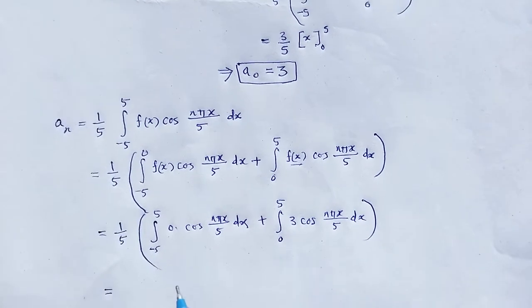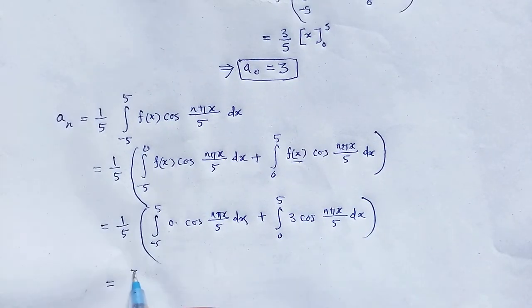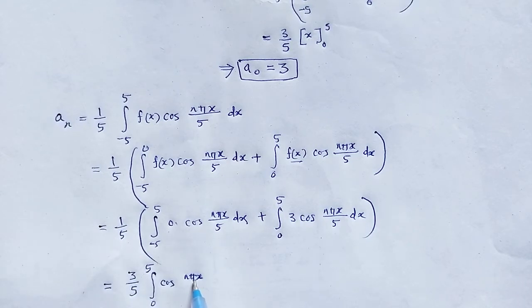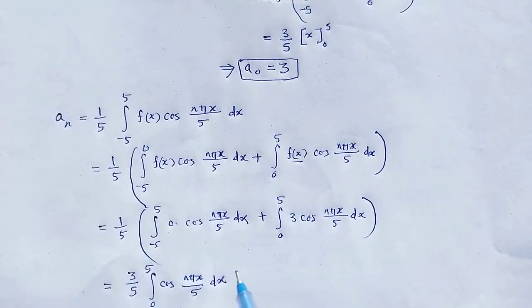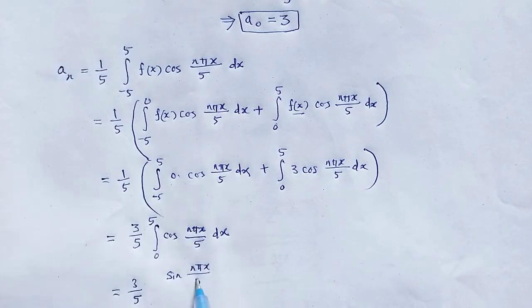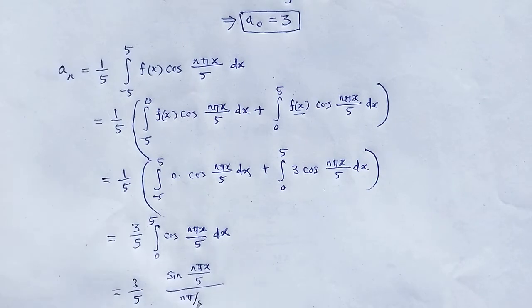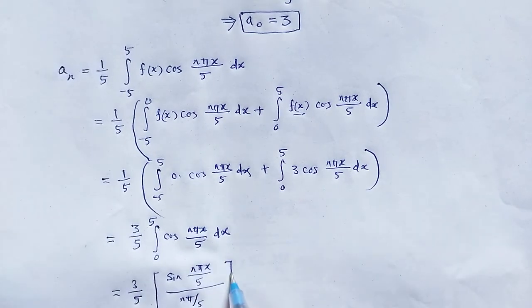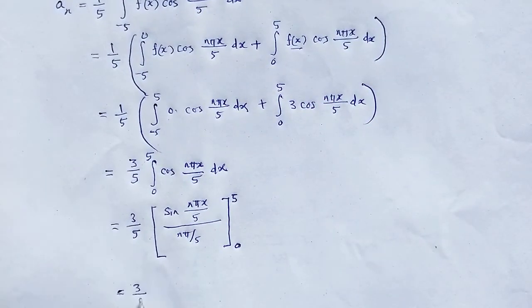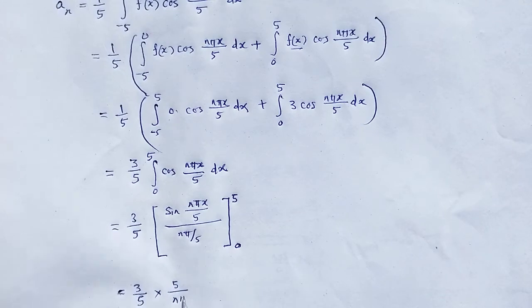Here we get 3 by 5 integration over 0 to 5 of cos n pi x by 5 dx, that is 3 by 5, sin n pi x by 5 divided by n pi by 5, from the limit 0 to 5, which is 3 by 5 into 5 by n pi.